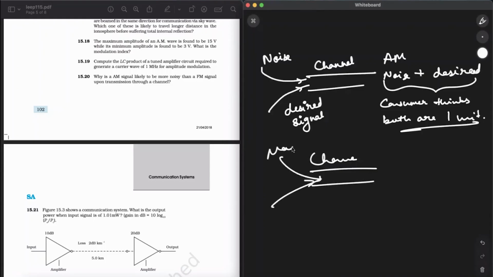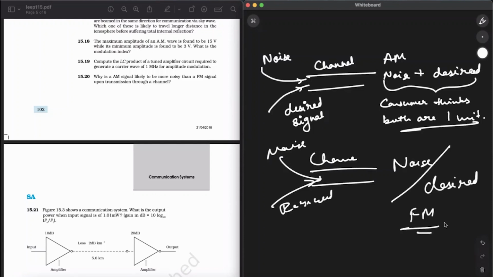Both are there, but noise is heard differently and desired sound is heard differently. This happens in FM. The important point is that in frequency modulation, the noise is inversely proportional to the modulation frequency, while in PM it does not vary with modulation frequency. So FM is more noise immune, you can say.